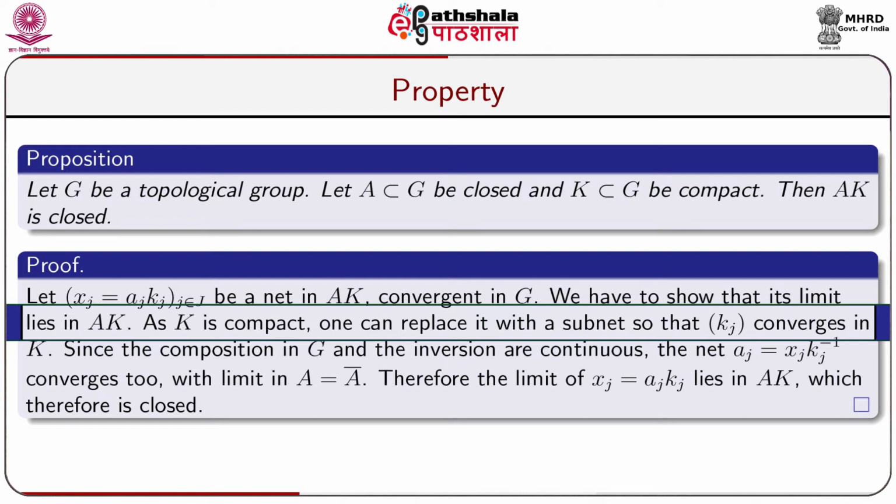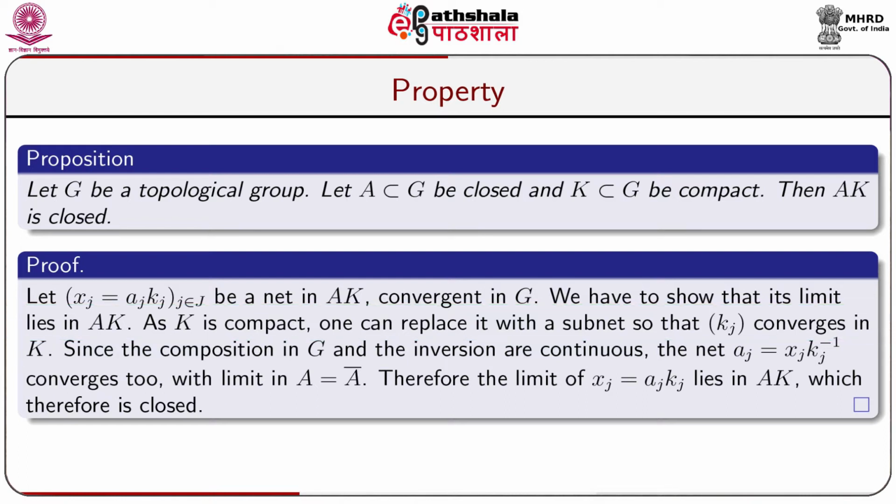As K is compact, one can replace this net with a subnet so that k_j converges in K, because we know in a compact topological space every net has a convergent subnet.